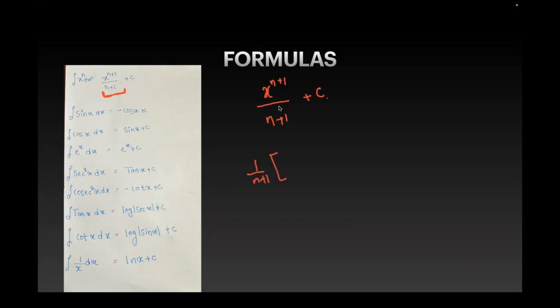Now differentiate x power n plus 1. Decrease the power by 1: n plus 1 minus 1, plus the differentiation of a constant, which is 0. So the n plus 1 and this get cancelled. So you have got x power n only.